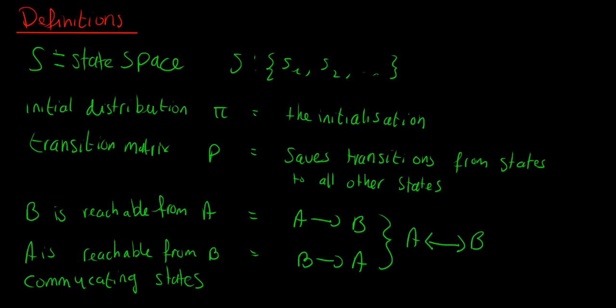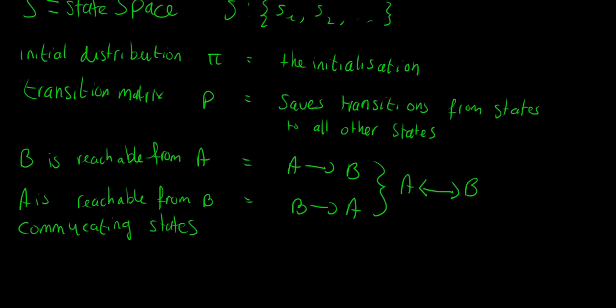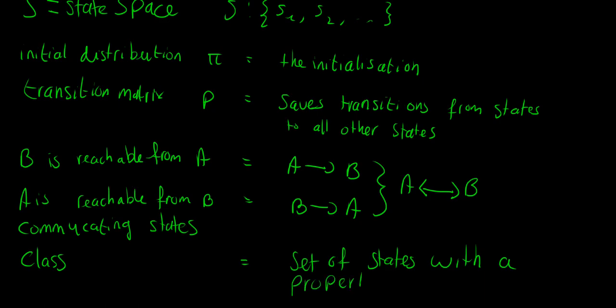And you can also have a class. A class is just a set of states with something special about them, with a property. For example, you can have a communicating class, which means that every state in that set can communicate with each other.